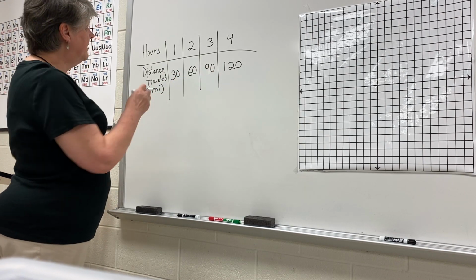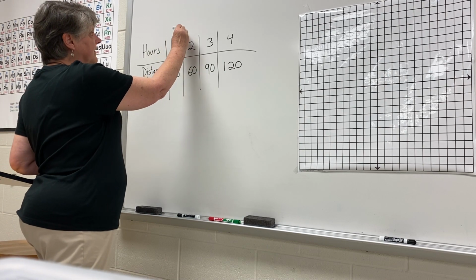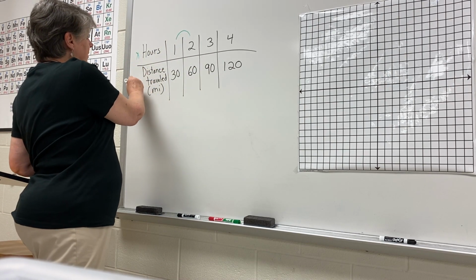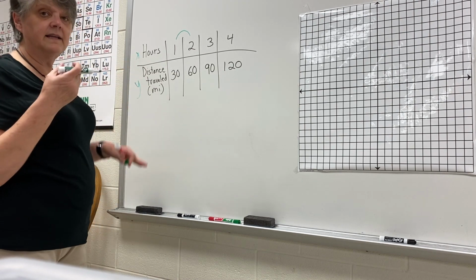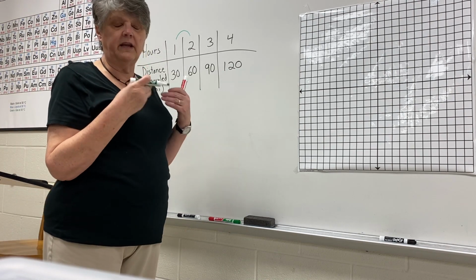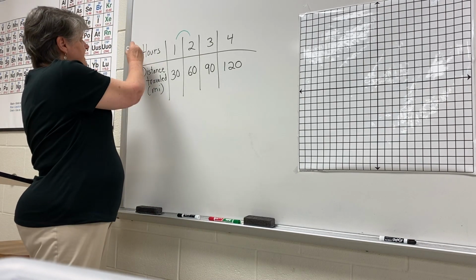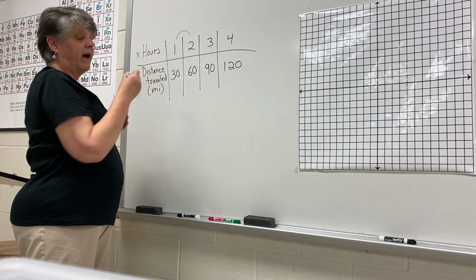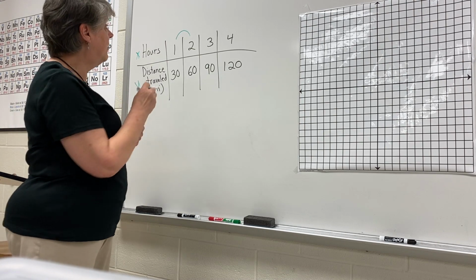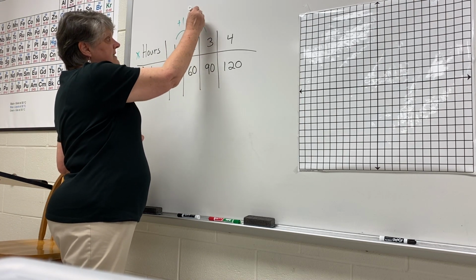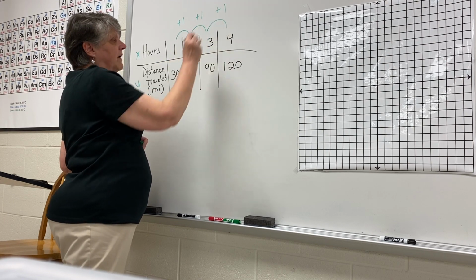What we can do is see how often our X changes compared to our Y. Remember, X is the thing that we can change. We get to manipulate how far it's going to go. When you look at the number of hours, we get to decide how long we're going to be in the car. So here we changed a positive 1 hour, here's a positive 1 hour, here's a positive 1 hour.